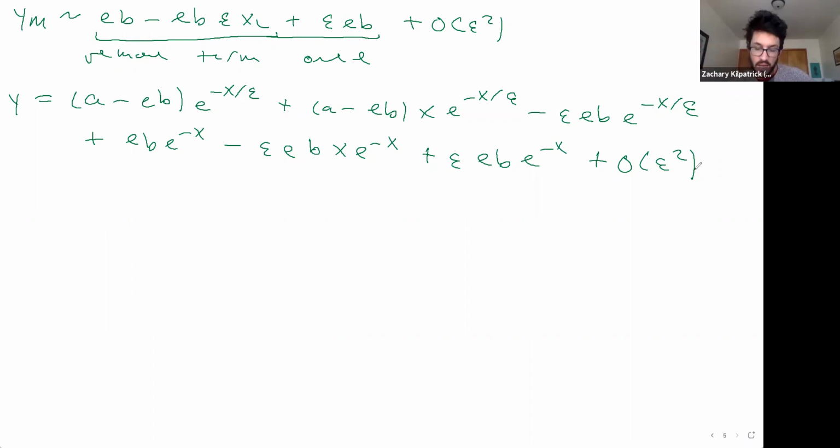Yeah, the other thing is that these matching conditions and subtracting off in order to get the composite expansions can seem a little kludgy to do.